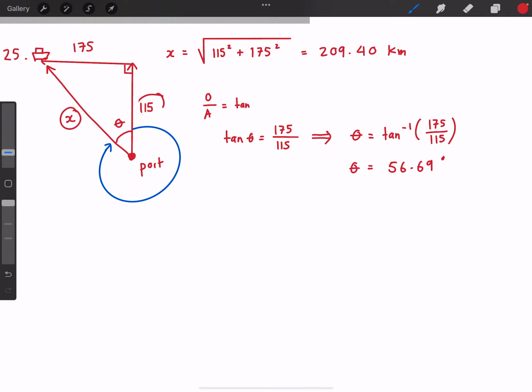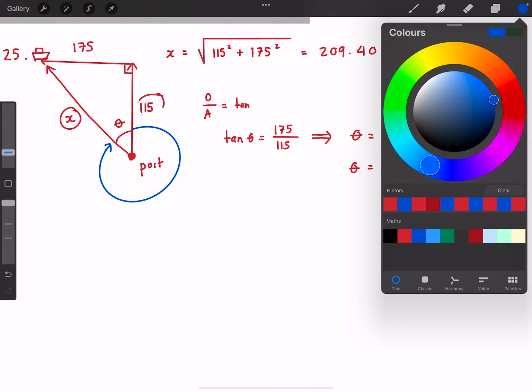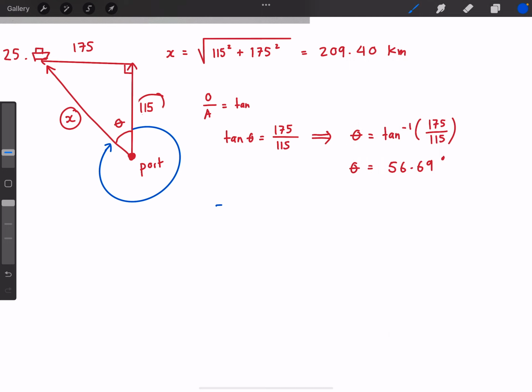What we want is the reflex angle that's on the other side of theta. So to do that, we're going to take 360 take away theta, which means 360 take away 56.69.